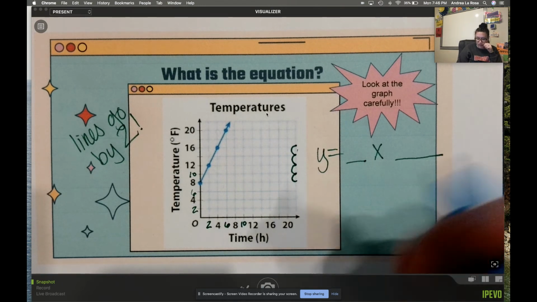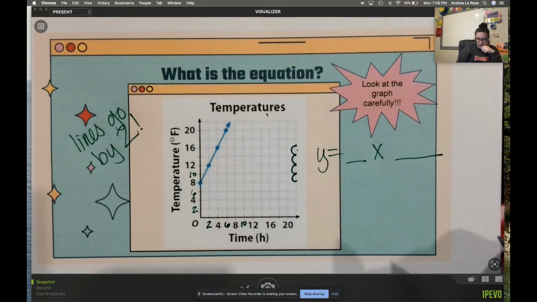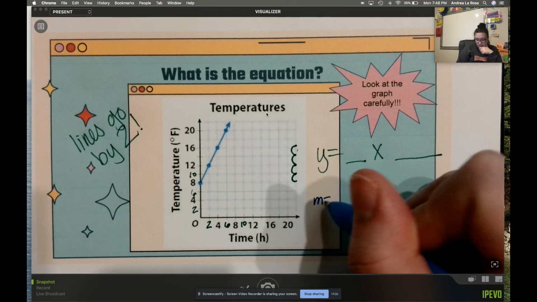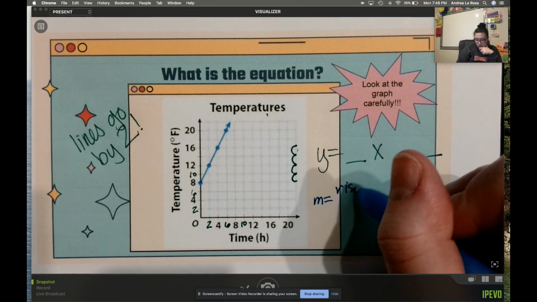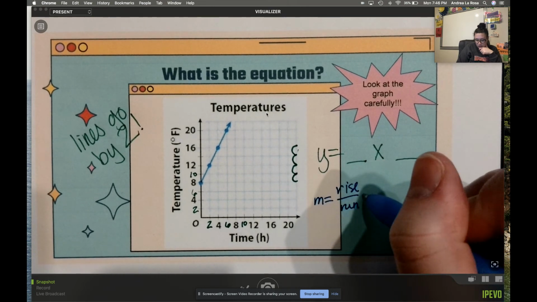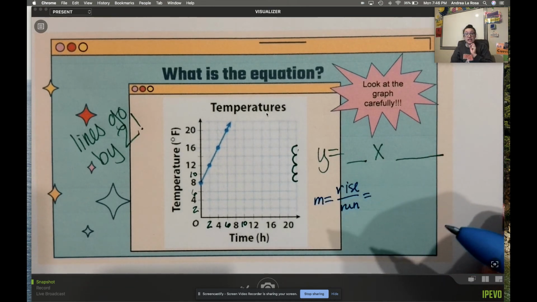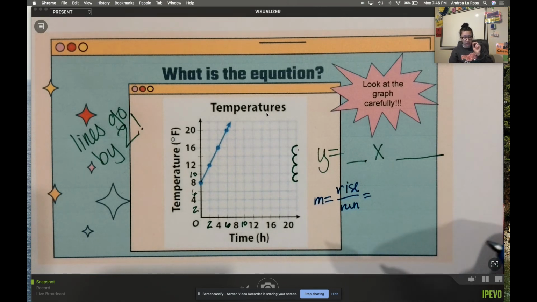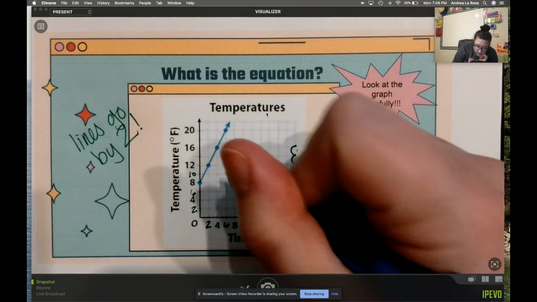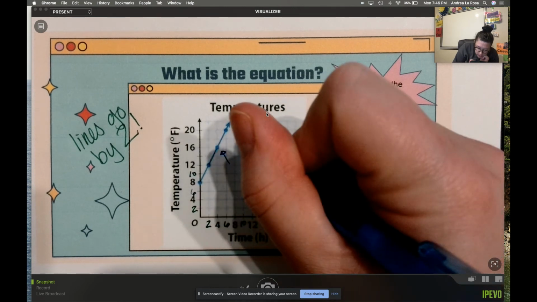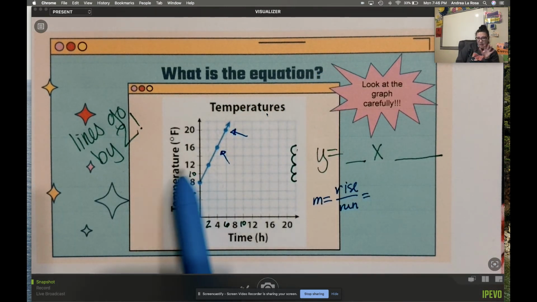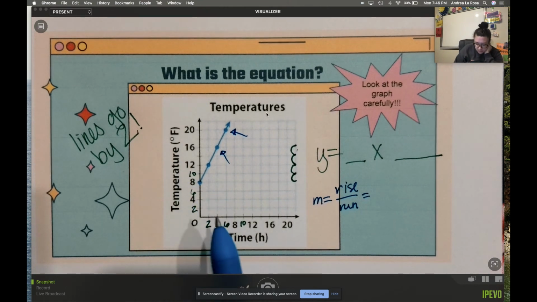So first, let's take a look at our slope. My slope is rise over run. Now remember, like we said, each line counts as 2. Let's use this point here and this point here. That way it's away from my y-intercept and all that mess.